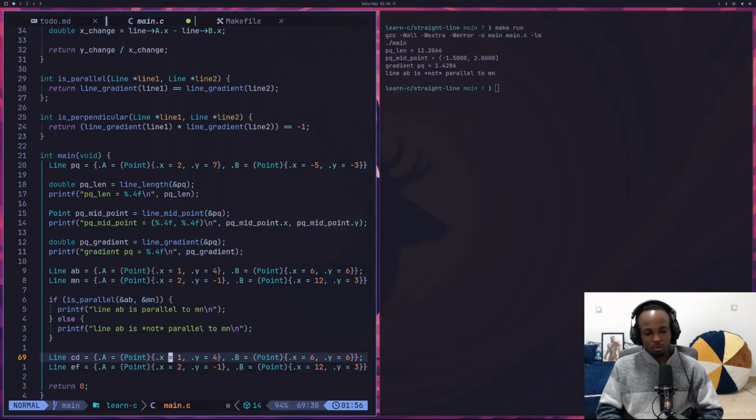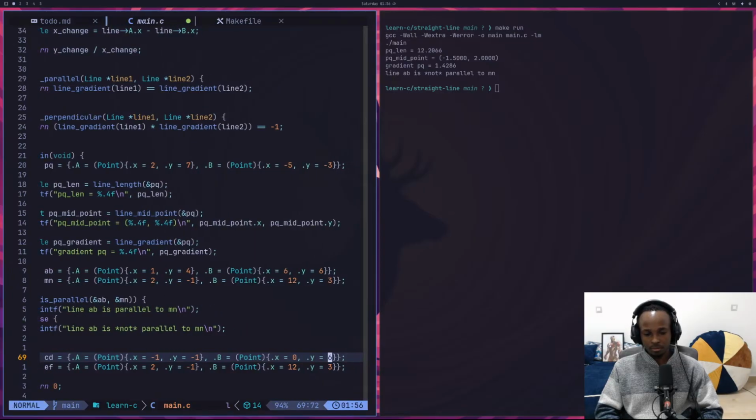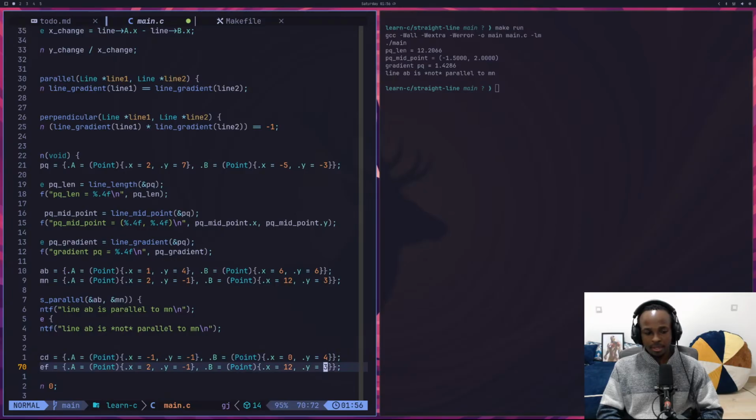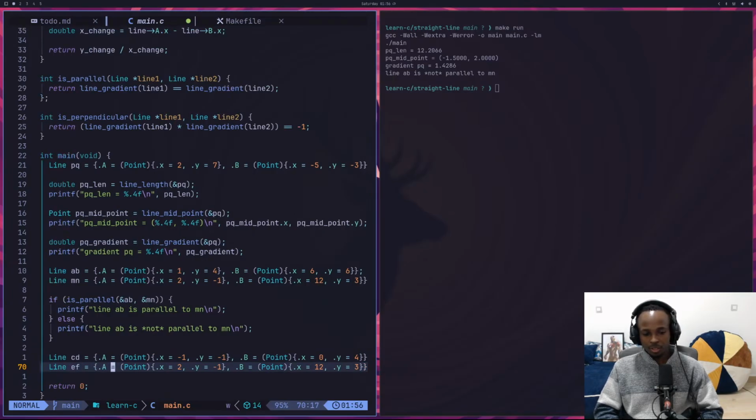For CD, point A is -1, -1, and then point B is 0, 4. Then for EF, point A is -4, 3, and then point B is 6, 1.